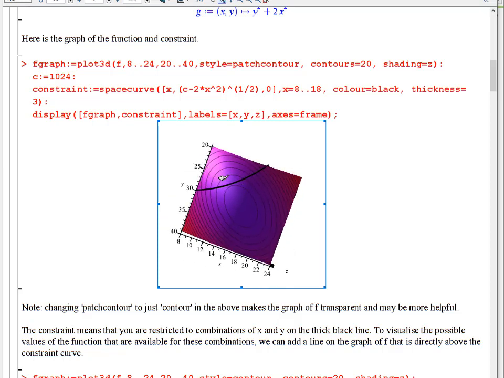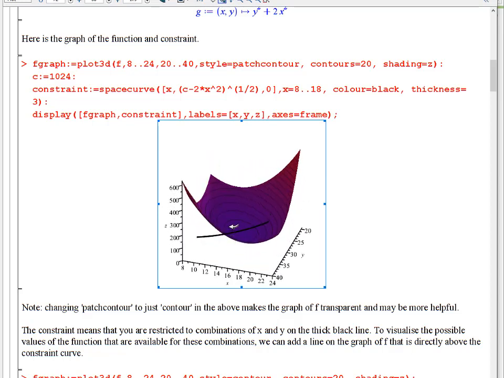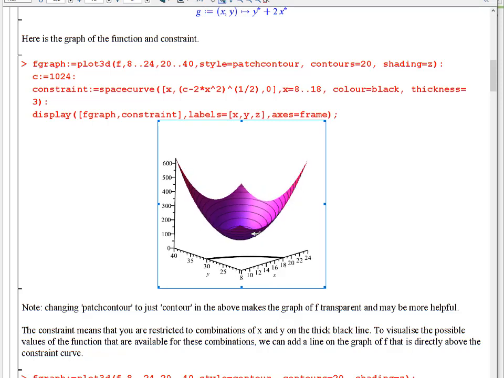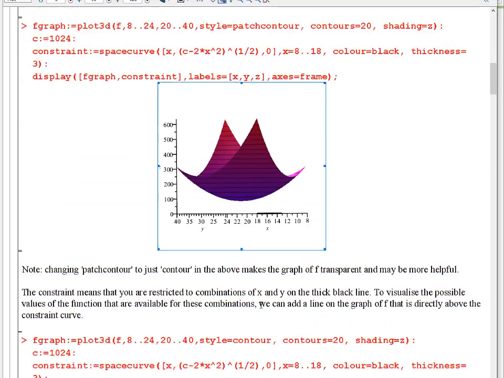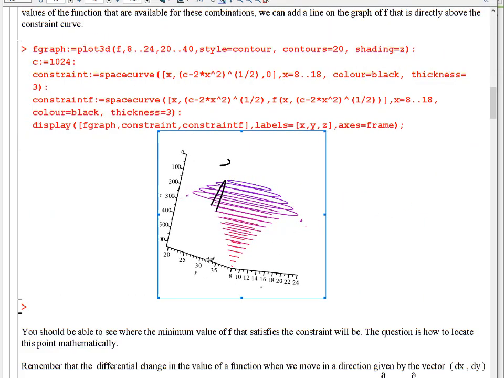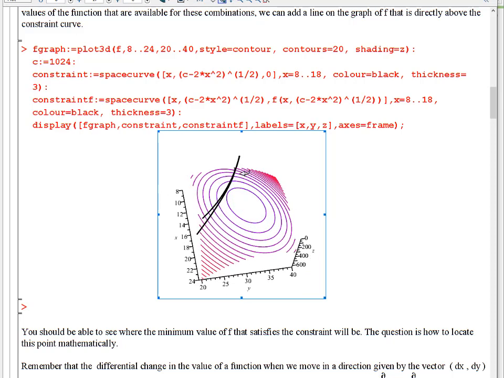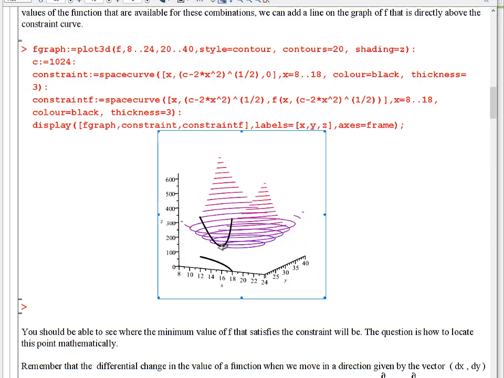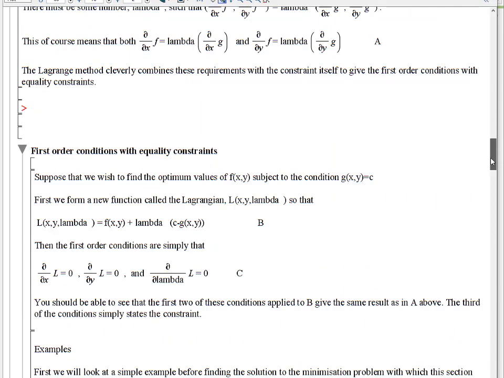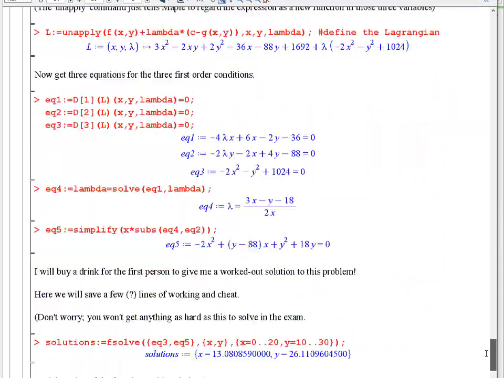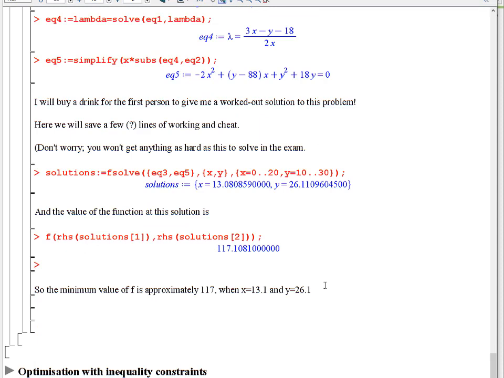So there's the 26, there's the 13, so it takes you to this point. And if you look at levels wise, yeah, 117 looks pretty convincing. Right, well, yeah, that's the 117. Okay, so it's harder to solve the equation because it's not linear, but if you do work through it, you do get something which is correct.